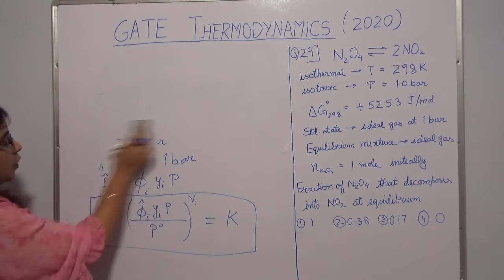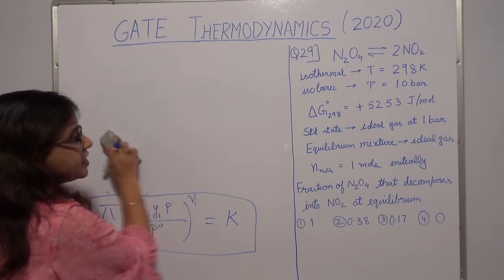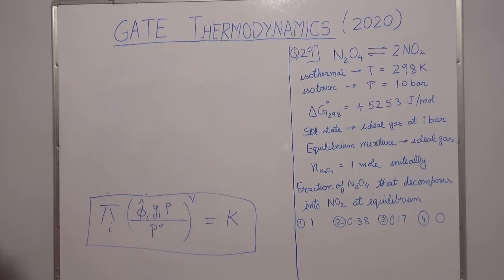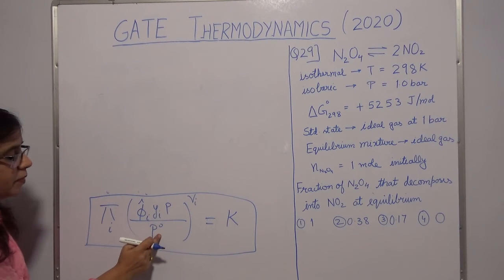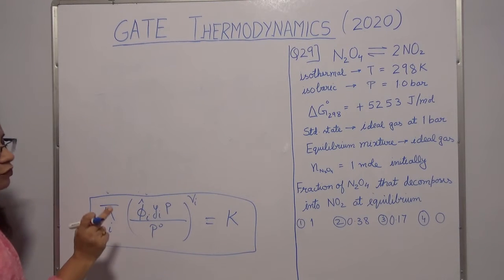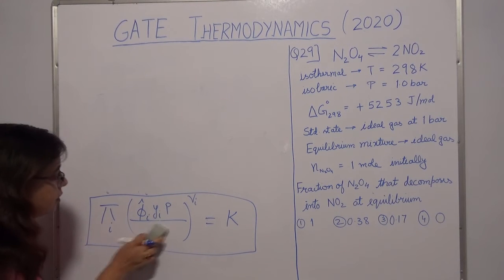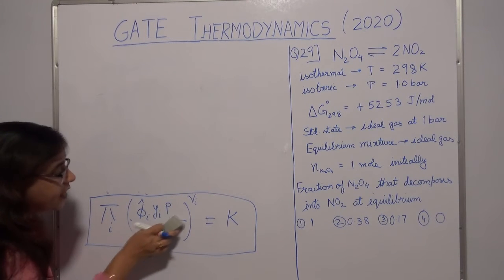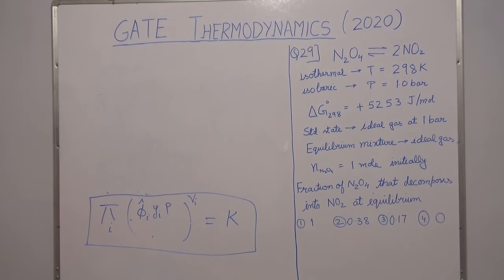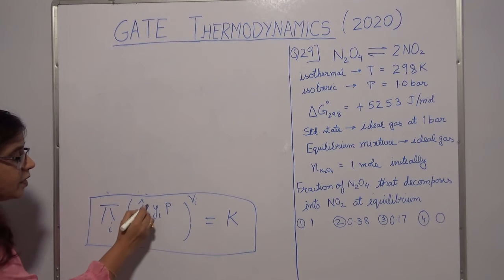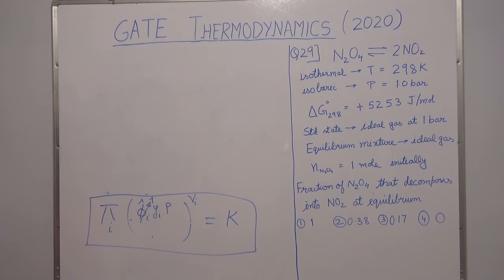Now your standard state is ideal gas at 1 bar. So your pressure P0 is 1 bar, so you can forget about it. Let's say this is 1. Now they have said that your reaction mixture behaves as an ideal gas, so this phi_i cap is also unity for an ideal gas.